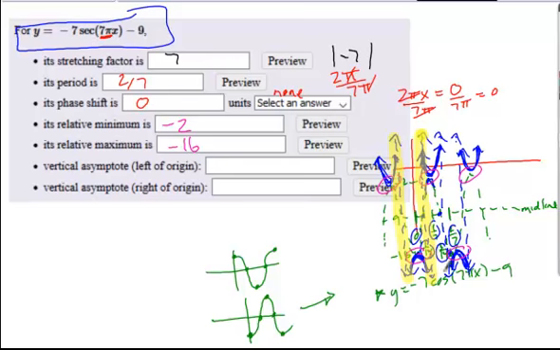So I can see right here that this is 1/14 to the right of the origin. So that is my vertical asymptote here. X equals 1/14. Okay, and so if I move to the left, I'm going to move to the left that same number. So this would be -1/14. So x equals -1/14 would be the equation for this asymptote. Okay, and this would give you the information you're looking for.